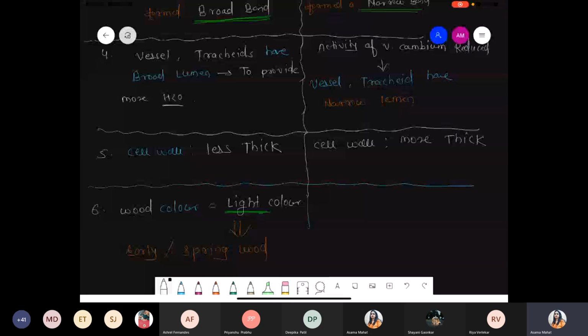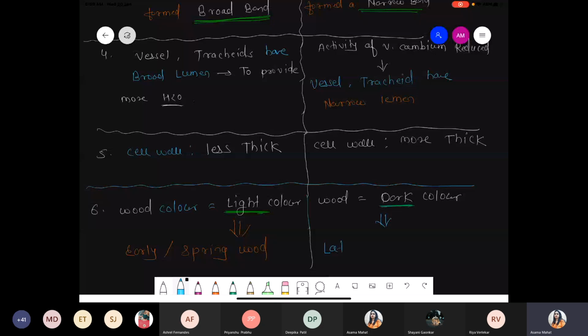But when you compare this with autumn wood, also called winter wood, which is formed during the unfavorable condition, in this condition the wood color is dark. So they obtain dark color, and this dark wood is called late wood, also called autumn wood.